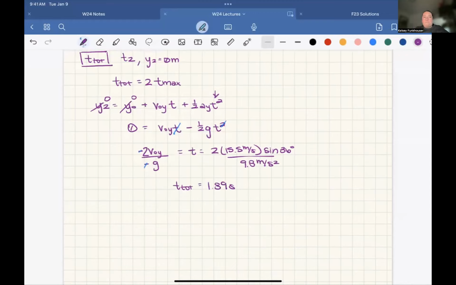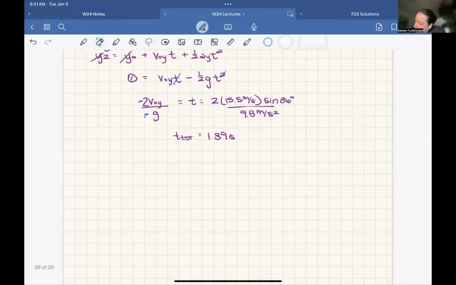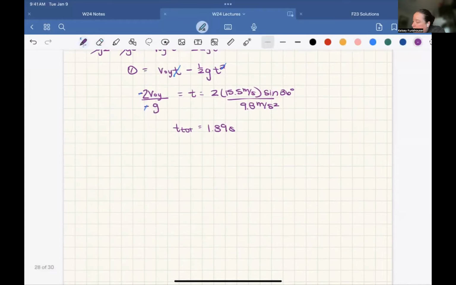Okay, now the range. And in our case, this is the position in x at this total time, because in this example, the ball was launched from the ground. And this is just x position 2.